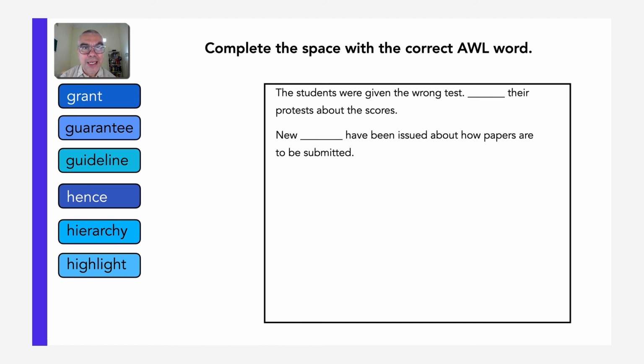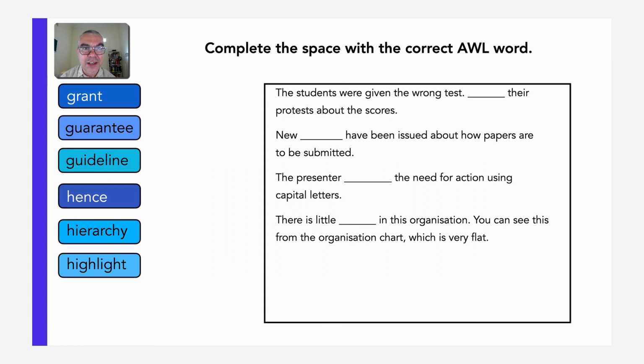New blank have been issued about how papers are to be submitted. The presenter blank the need for action using capital letters. There is little blank in this organization. You can see from the organisation chart, which is very flat.